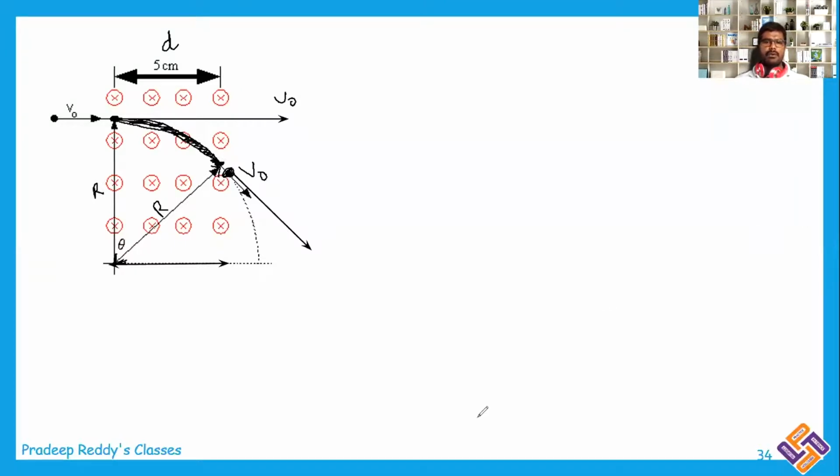This deviation is considered as theta. This angle is considered as theta.